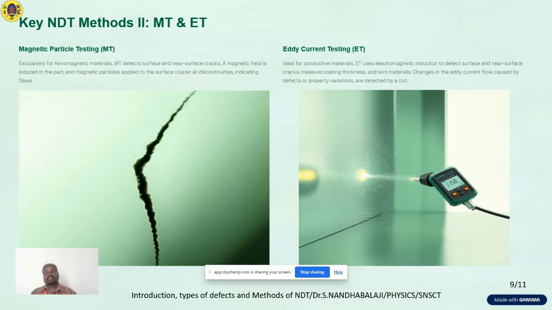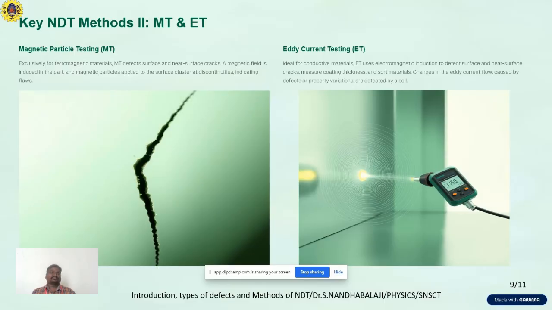Eddy current testing is ideal for conductive materials; it uses electromagnetic induction to detect surface and near-surface cracks, measure coating thickness, and sort materials. Changes in the eddy current flow caused by defects or property variations are detected by a coil.